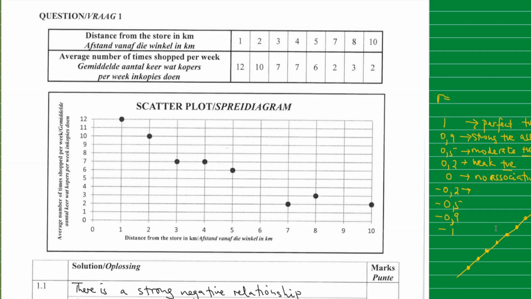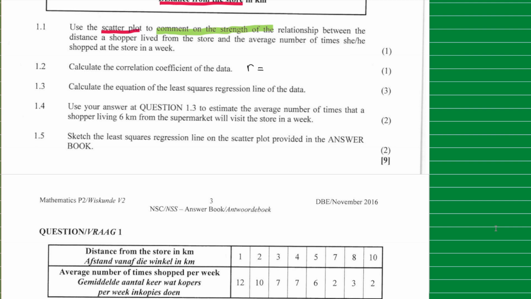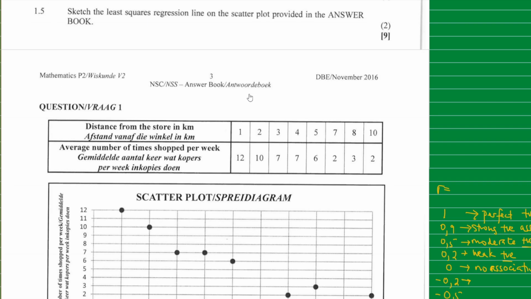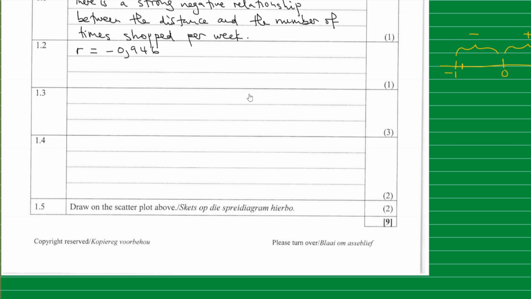Now, question 3 is to calculate the equation of the least squares regression line of the data, and the answer we are supposed to write it here.